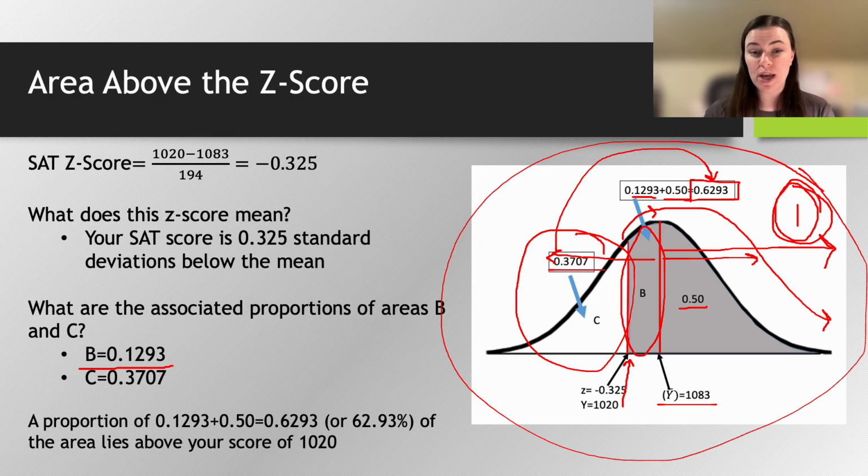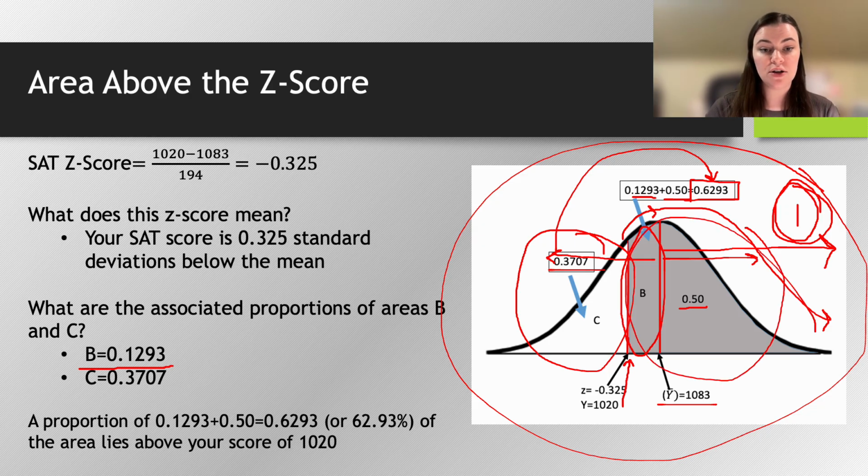So those are two different ways that you can go about calculating the area above or below your score, keeping in mind that the entire area has to equal 1. And so you can use these different components under the scores and under the curve to determine the other elements and proportion values here, knowing that they always have to equal that final value of 1.